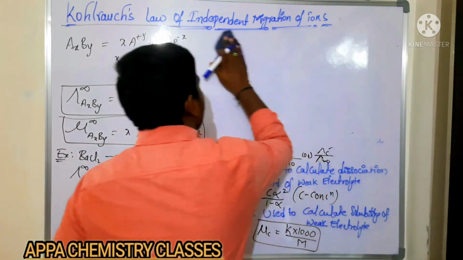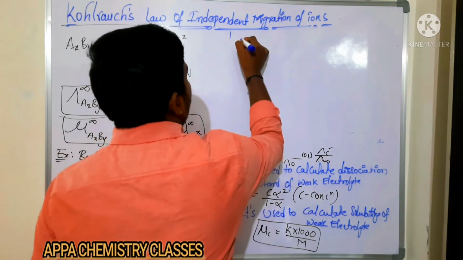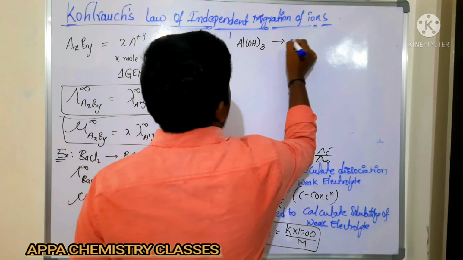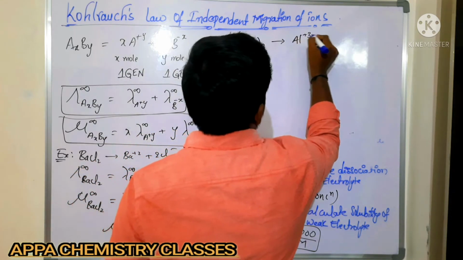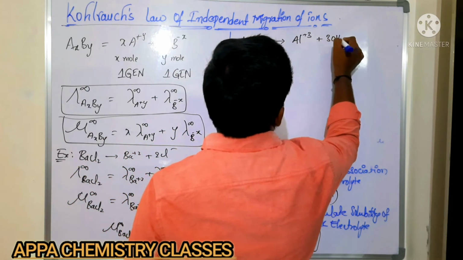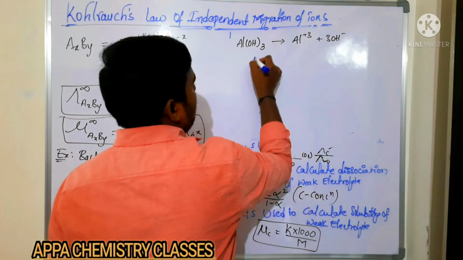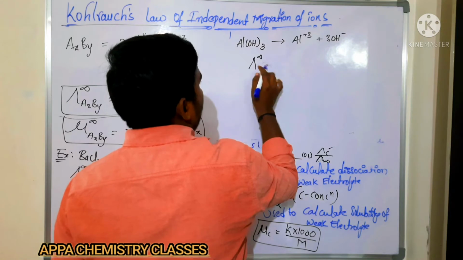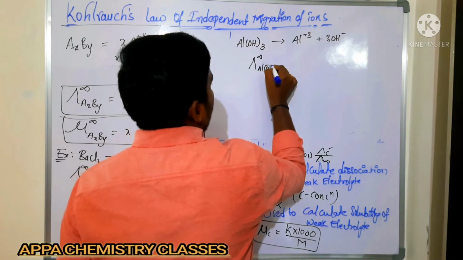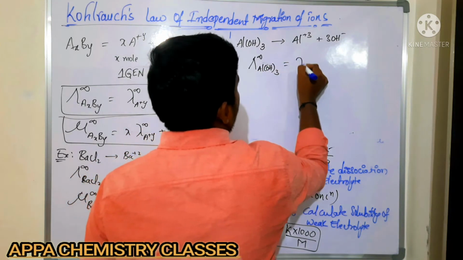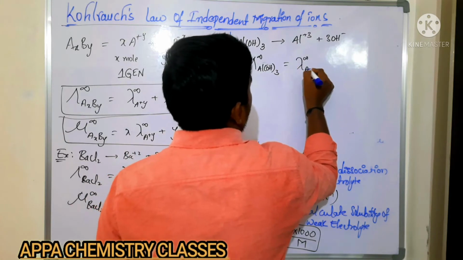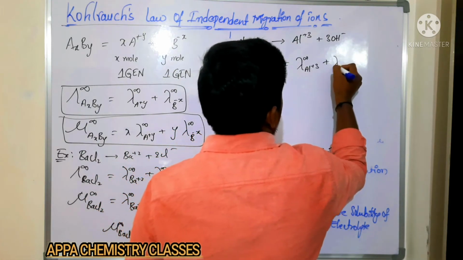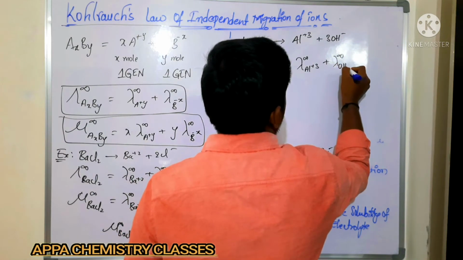We'll take aluminium hydroxide. Whenever it dissociates, we get aluminium 3 plus and 3 OH minus ions. Its equivalent conductance at infinite dilution is equal to the sum of the cation's equivalent ionic conductance and the equivalent ionic conductance of OH minus ion.